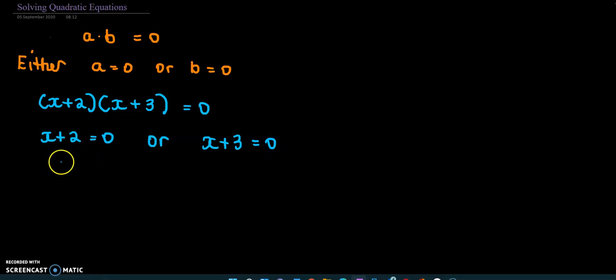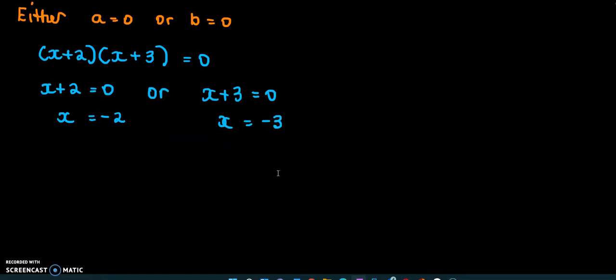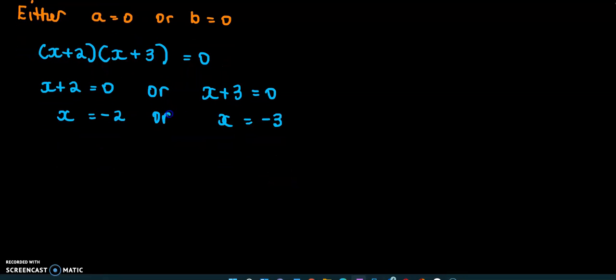So x is equal to negative 2 or x is equal to negative 3. And we can see that x is equal to negative 3 or negative 2, and we always put our answers in numerically ascending order.